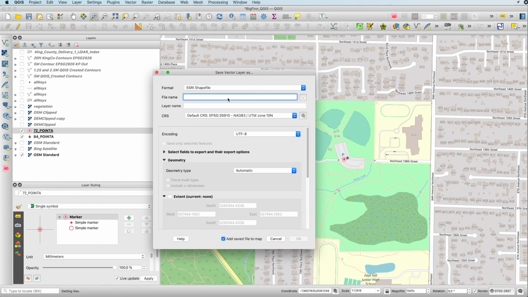I typically save my file name in a format such as this. That way, whenever I actually go to use it, I know exactly what EPSG code it's in. It makes it very handy. I recommend you follow a convention similar to this, where you put the actual EPSG code into the title somehow.